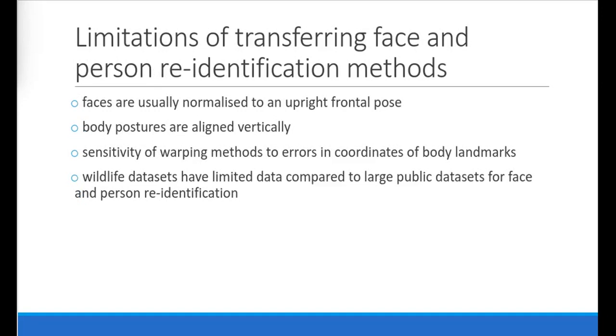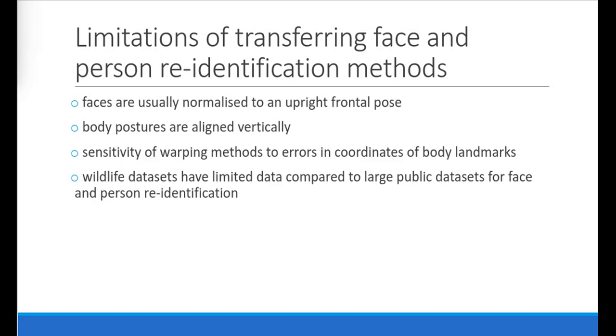Before going into details of the proposed model, I'd like to highlight limitations of transferring face and person re-identification methods to animal re-identification. At first, faces are usually normalized to an upright frontal pose thanks to robust method to detect facial landmarks, and body postures are aligned vertically.